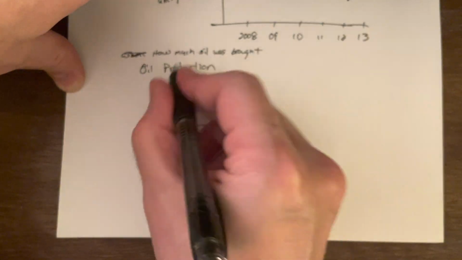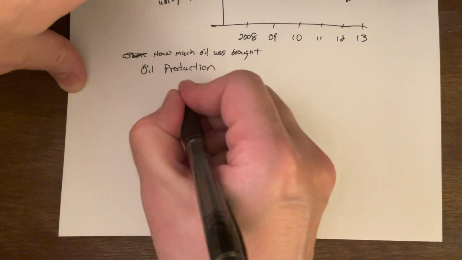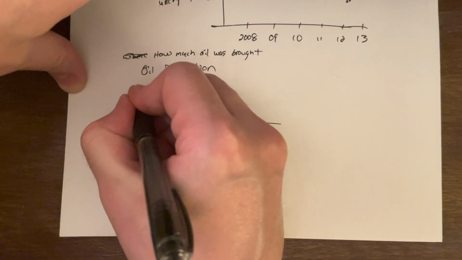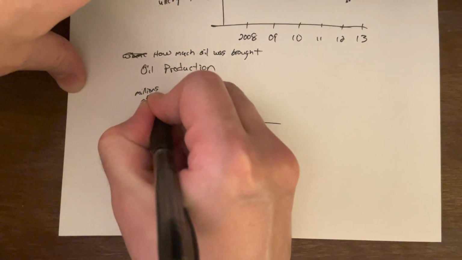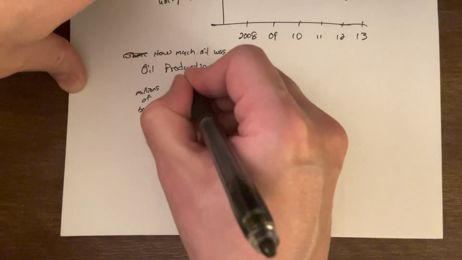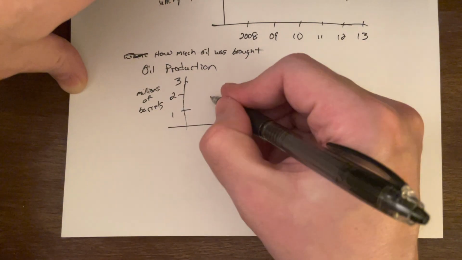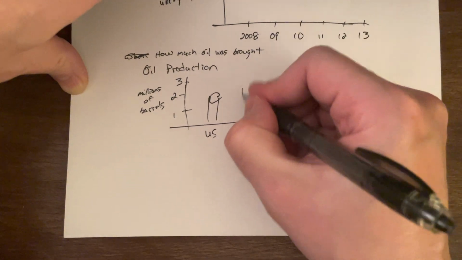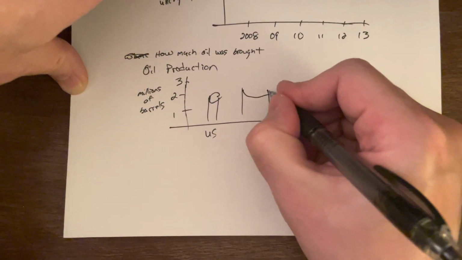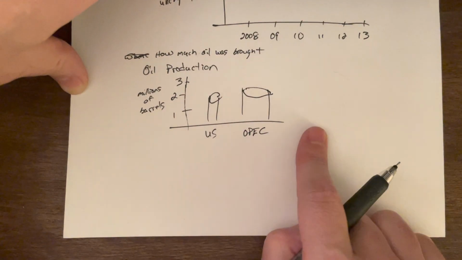So it wasn't really oil production, it was oil supply, so to speak. So how many millions of barrels, and I really have no idea how much it was. 1, 2. And then they had these little pictures, and on the side they drew something like this. And they had, I think, a few other places as well.